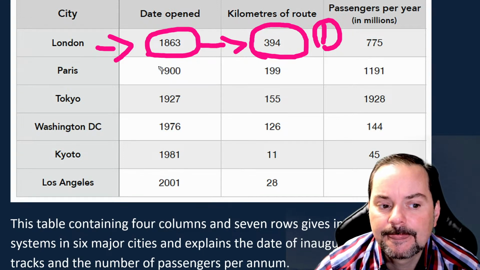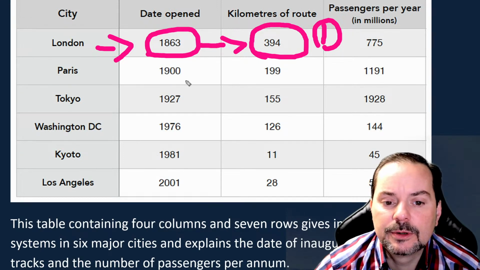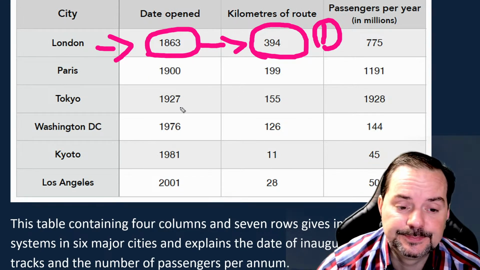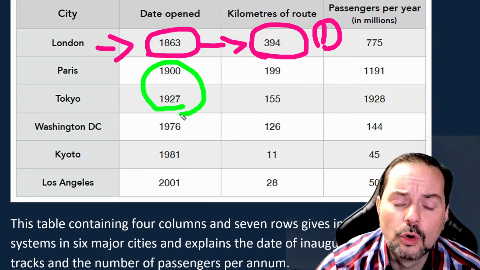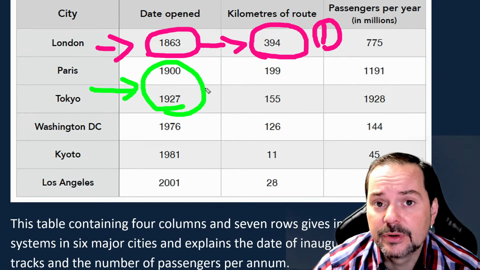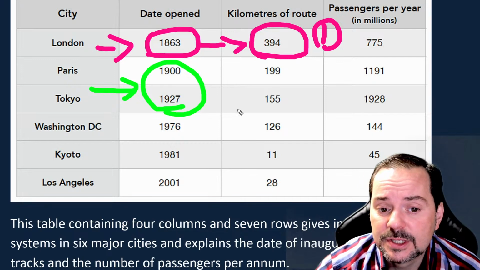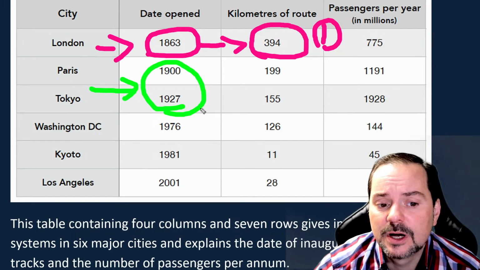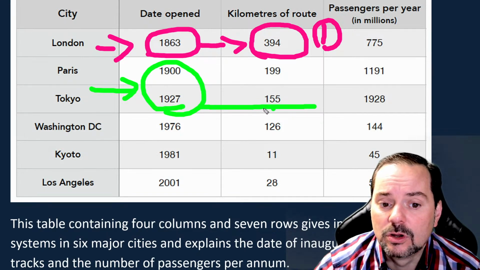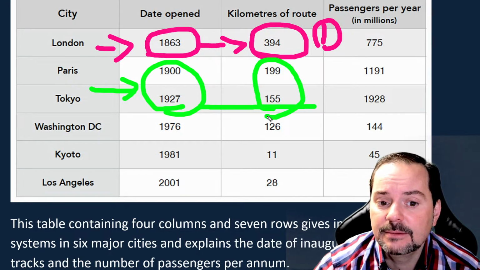Okay. All right. So what I would probably do here is I would say, okay, the 2 other oldest routes, because remember what I said, that 3 of these are pre-1950s, 3 of them are post-1950s. I would mention the 2 other ones. So I would say that the 2 other old routes also have a lot of distance, okay?